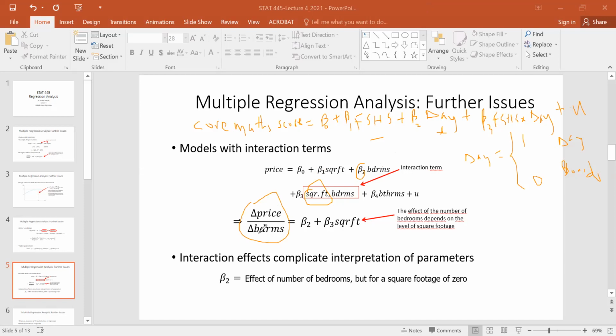So the impact of bedrooms on the price of the house depends on the space, the square feet, available in the house. Let's think about square feet as the space in the house, basically. Only when square feet is 0 do we have beta 2 as the impact of the number of bedrooms on a house.